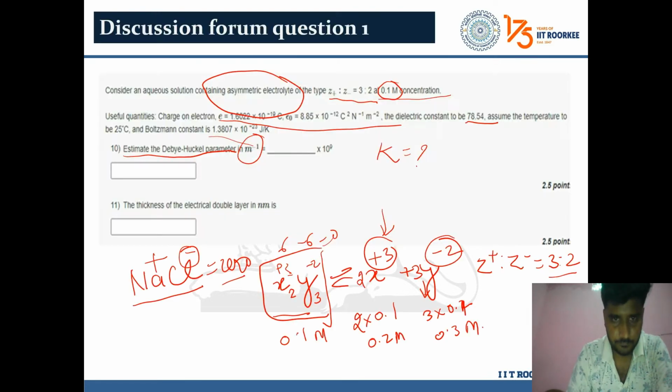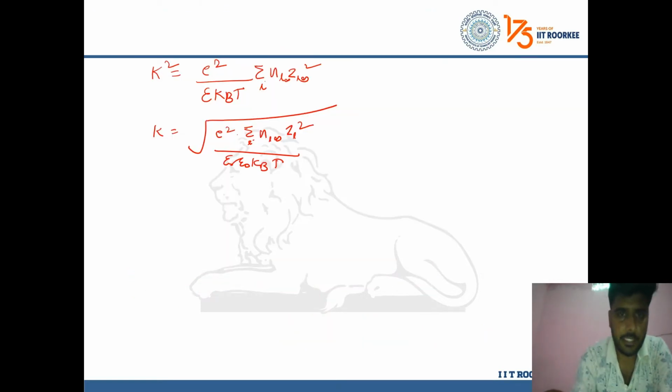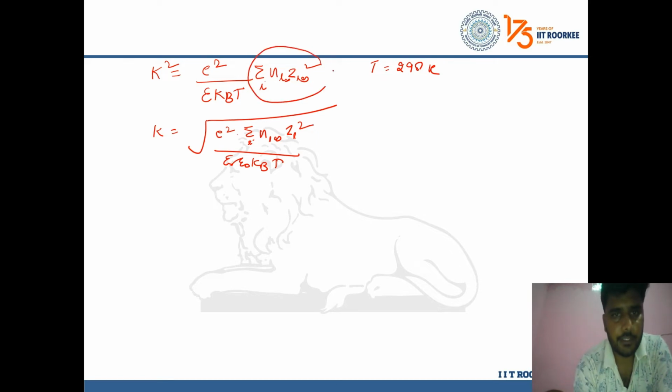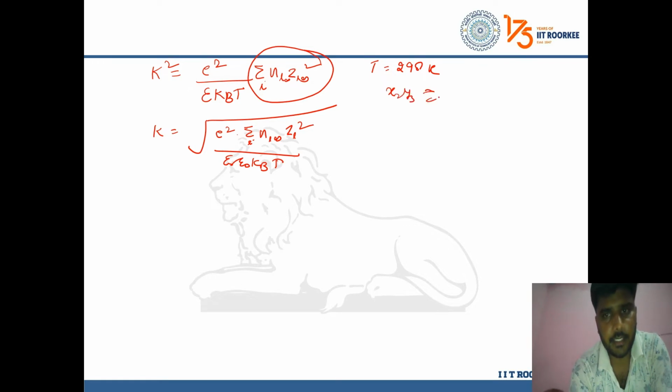The temperature is given as 25, so you have to put the value of T as 298 Kelvin. You have to focus basically on this part. I am writing the same thing again: this is 0.1 molar, 0.2 molar, and this is 0.3 molar.